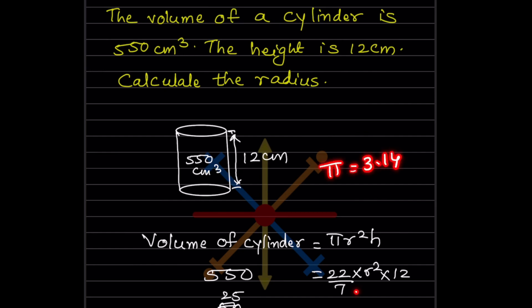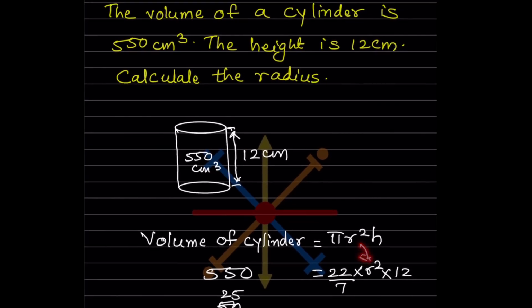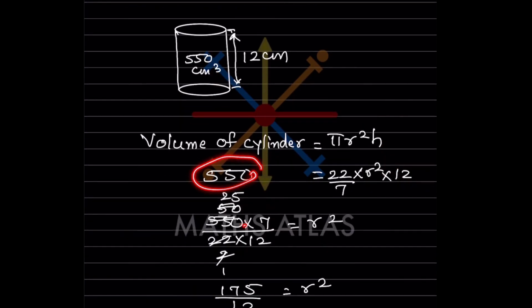I have just written here, both are the same. We don't know the radius, means we are going to write r square over here, and the height is given as 12. So this will be 550, and if you bring this 7 on this side, it is going to get multiplied, and 22 into 12 is going to go in the denominator, and r square will be on the right hand side.